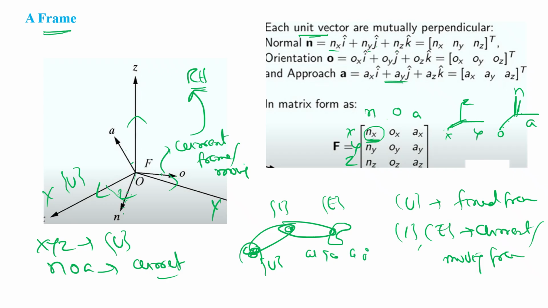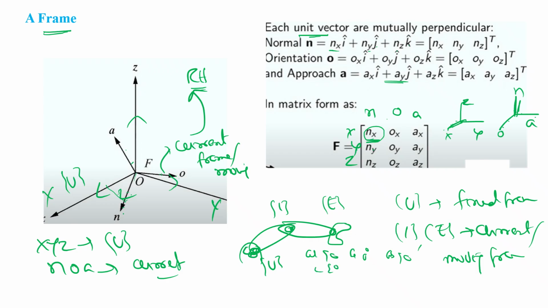So it is cos 0. Then we can compare A with X. A and X are orthogonal to each other, cos 90. Similarly, next, this one is N with Y. N and Y are orthogonal, so it is cos 90.